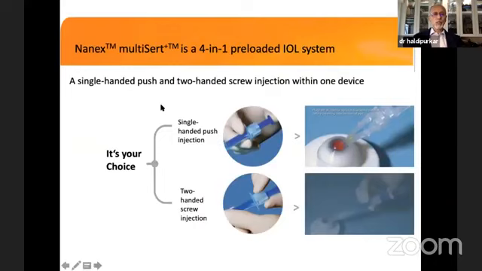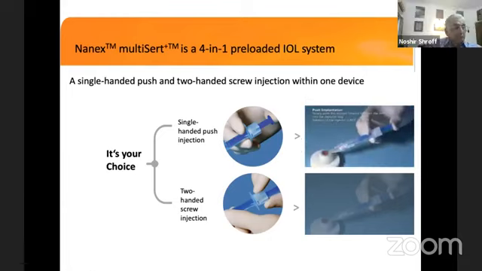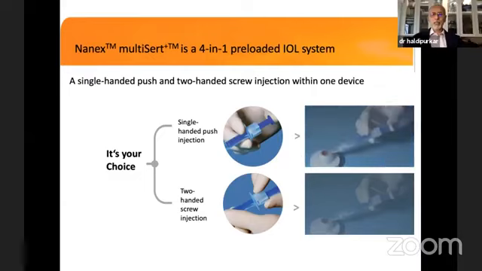This is a uniquely single-handed push or two-handed screw injection within one device. This is where you're using the single-handed push technique to insert the lens.